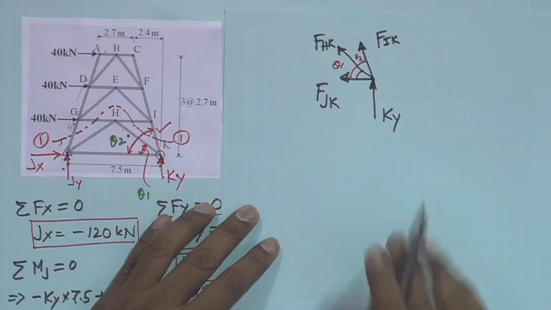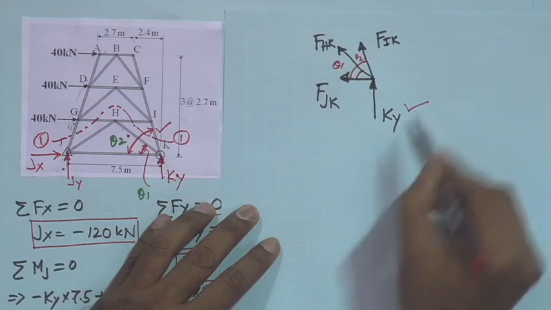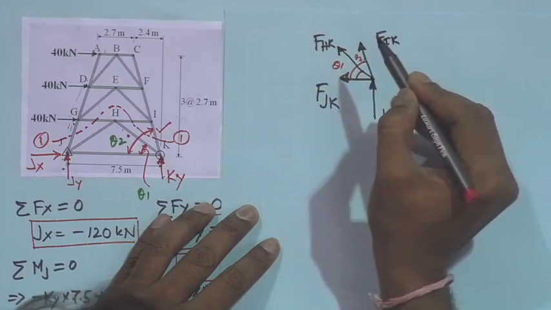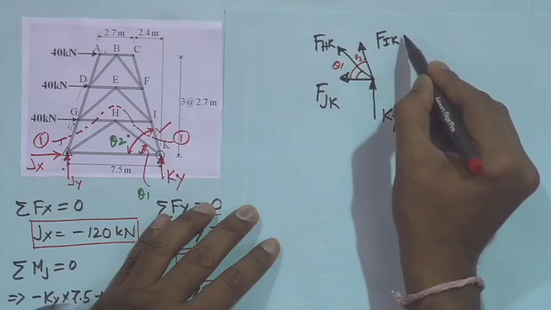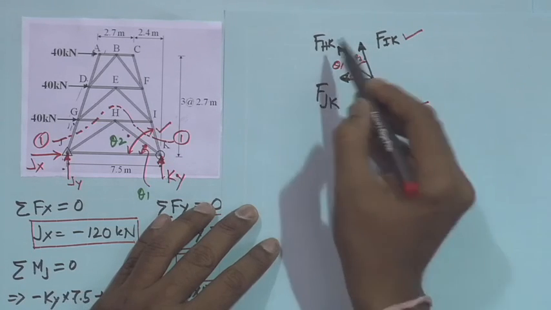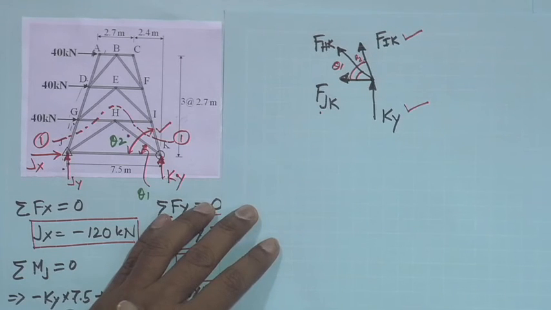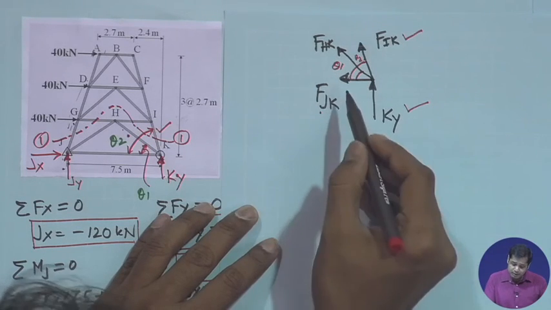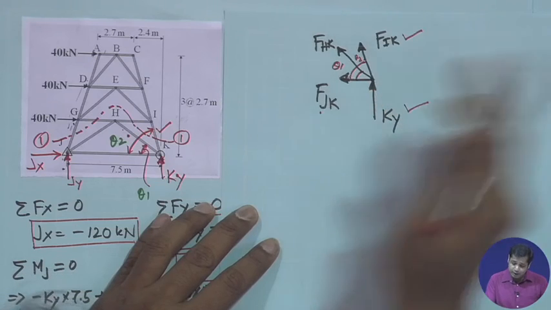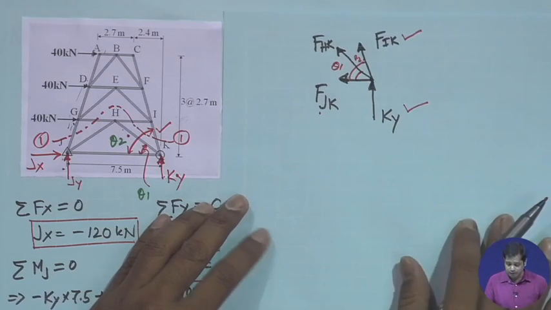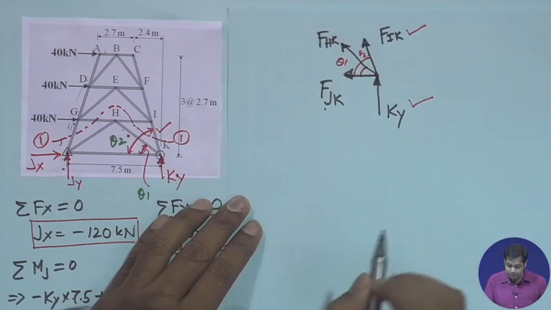Now, this is known, then Fik just now we determined, this is also known, only unknowns are this and this. Now the next step is we take the component of the forces in x direction or in y direction and take the summation in that direction of all the forces equal to 0.